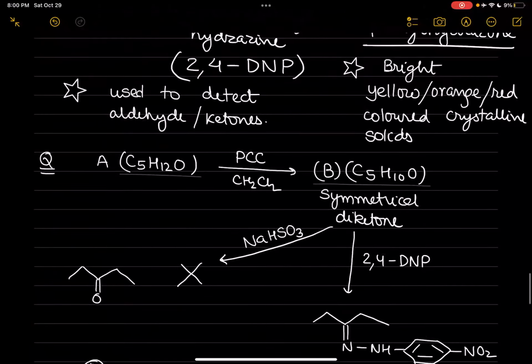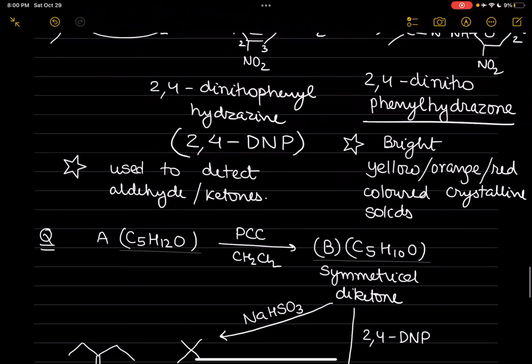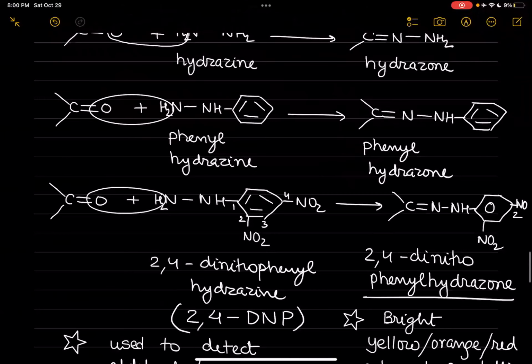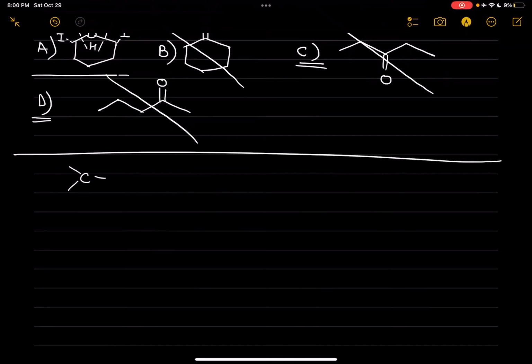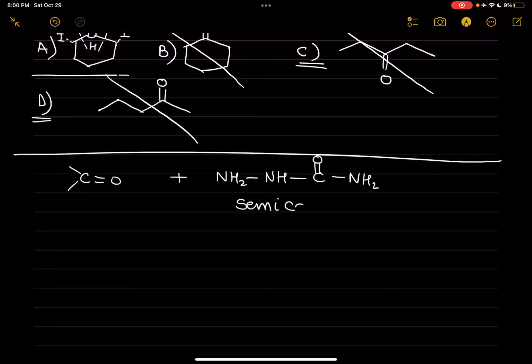Clear? So this is used to test the aldehyde and ketone as a whole. And there is one more. Just go through them in NCERT. I will write it very quickly because we are running out of time. This is semicarbazide, and the product is going to be this.